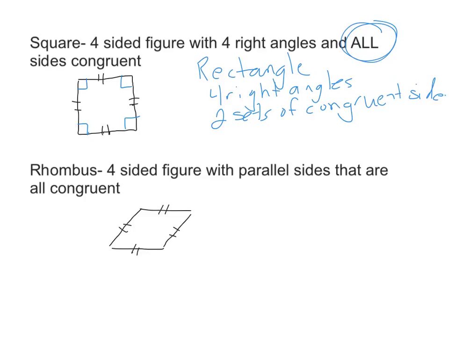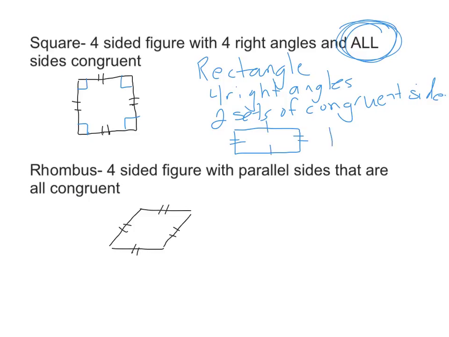So the only difference in the definition is the word all here. In a square, all of the sides have to be congruent, but in a rectangle, we have 4 right angles, 2 sets of congruent sides.